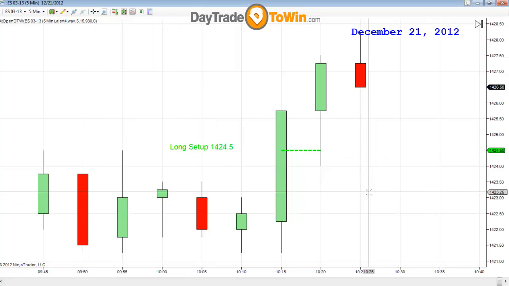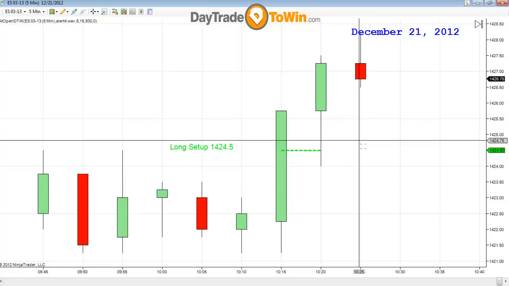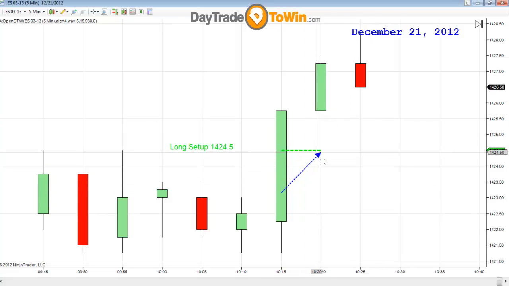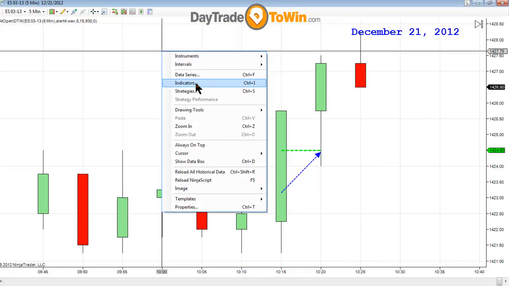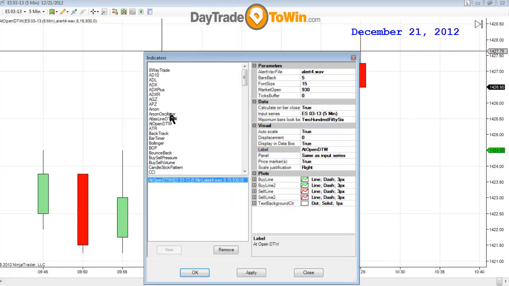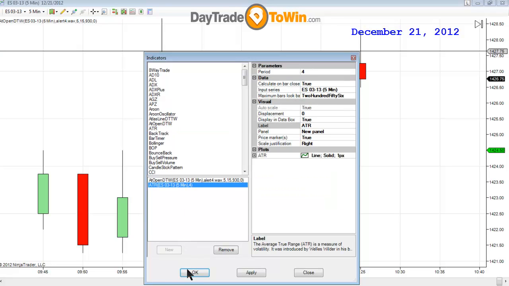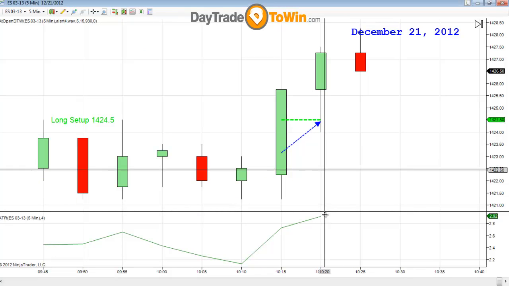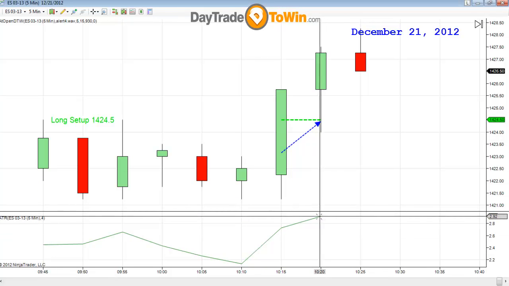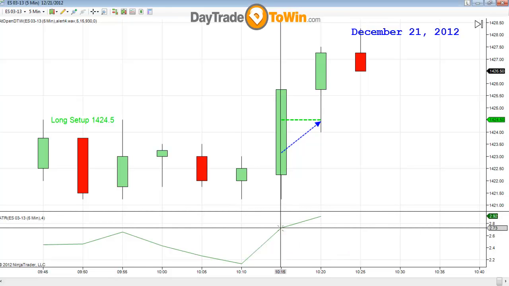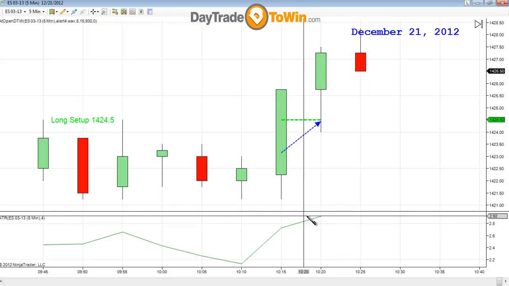$14.2450 is my entry to go long. I still use the ATR. I think it was 2 points, I wasn't paying attention, but 2.9, I'm sorry, 2.5, 2 3/4.